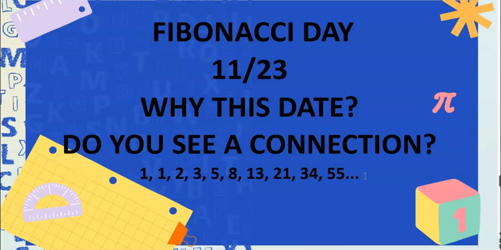If you look at the numbers, you'll notice that we have 1, 1, 2, 3, which is how the Fibonacci sequence typically starts out. 1, 1, 2, 3. So that is why the date of 11/23 was chosen as Fibonacci Day. So you could share that fact with a friend or a family member on Fibonacci Day.